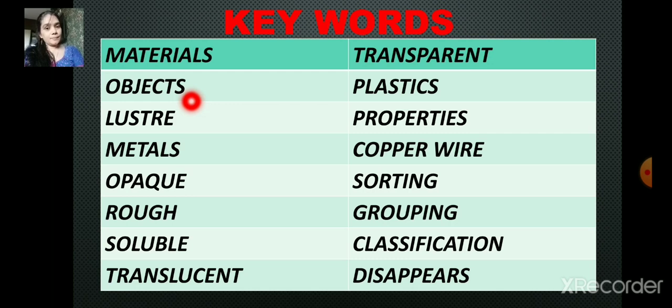Objects, luster, metals, opaque, rough, soluble, translucent, transparent, plastics, properties, copper wire, sorting, grouping, classification, disappears. So these are some keywords, children.